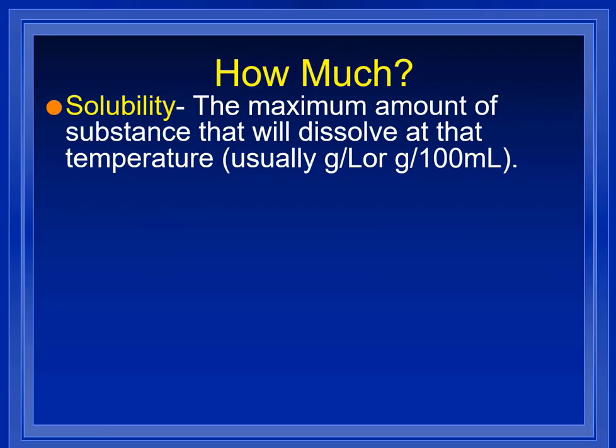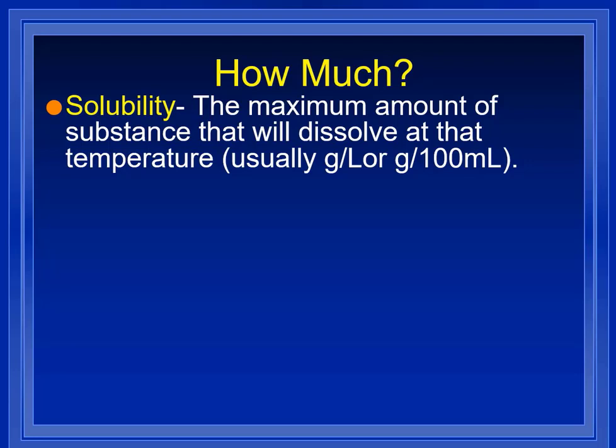Solubility is the maximum, it's a number. It's a number with a unit. It's the maximum amount that you can dissolve in a set amount of solvent. I mean, can I dissolve 2 pounds of sugar? Well, it depends on if I got a gallon of water or a swimming pool.